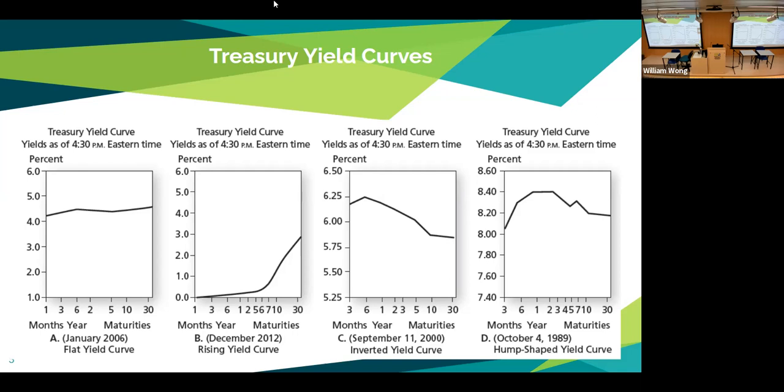And back in 2000, right after September 11, you will see an inverted yield curve, IYC. This is one thing you've got to learn. Inverted yield curve. And then there's a hump shape.